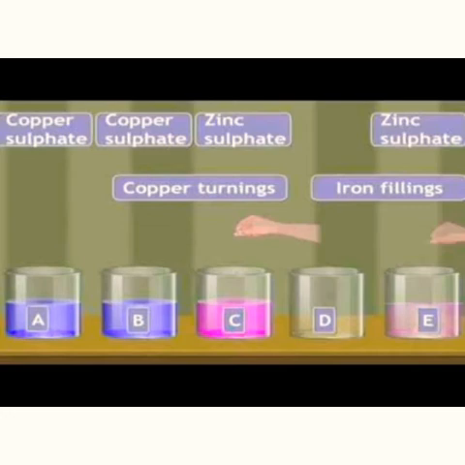To beaker A, we want to add the metal zinc, beaker B iron nail, beaker C and D we want to add copper turnings, means copper powder. Beaker E we want to add iron nail, which is a metal.